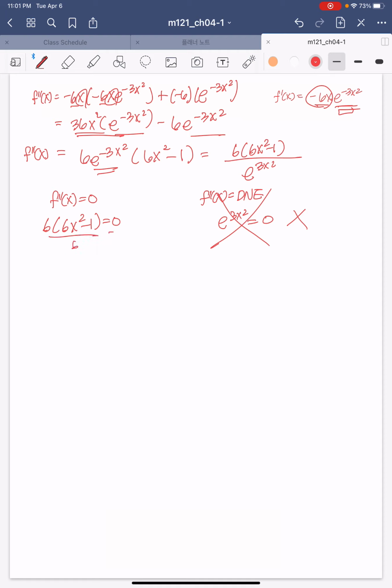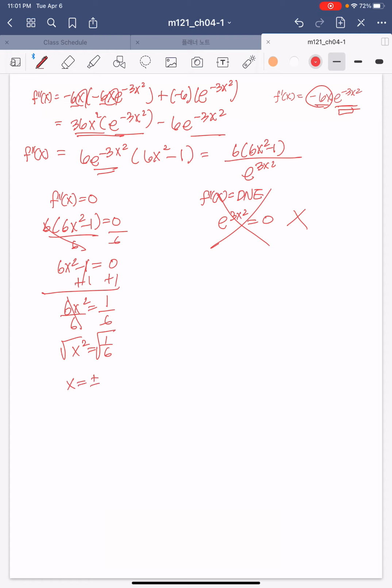Let's keep going. Divided by 6, so 6x squared minus 1 equals 0. Add 1, I have 6x squared equals 1. Divided by 6, x squared is 1 over 6. Take the square root, and once you do, you have two answers, plus or minus.